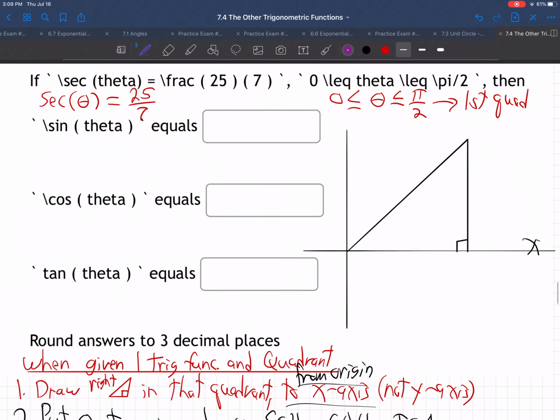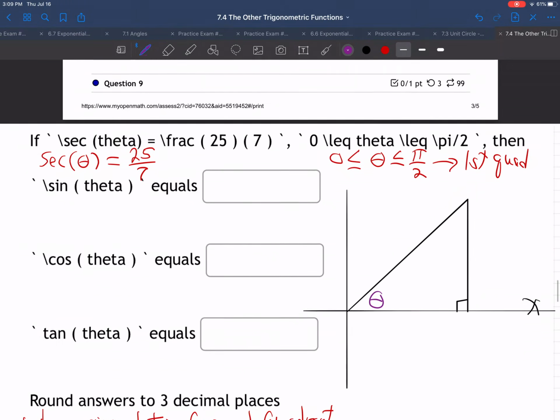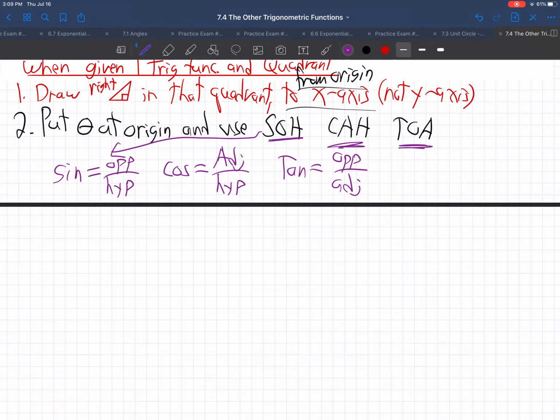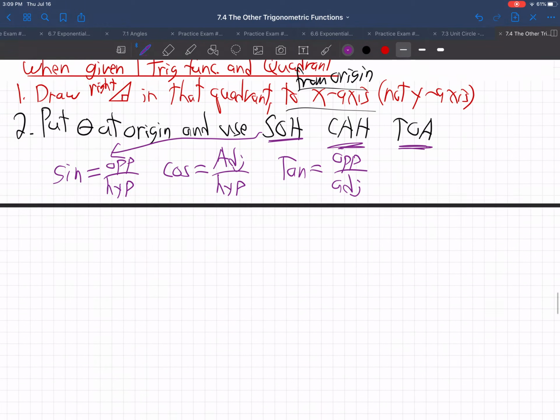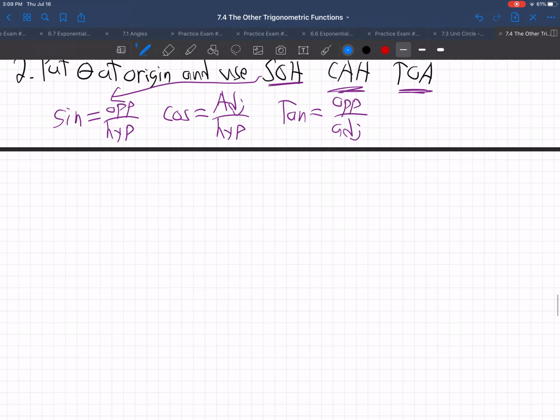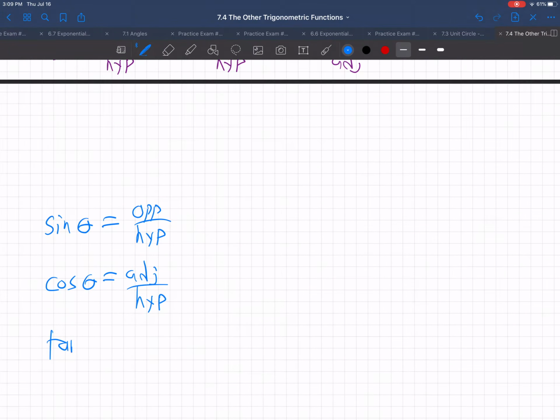All right, so let's do that. So put theta at the origin. And it says secant of theta. Now, how am I going to deal with secant of theta? Well, then you got to remember, you got to have the other definitions. Let me write them down here. So again, sine theta is opposite over hypotenuse, and cosine theta is adjacent over hypotenuse, and tangent of theta.